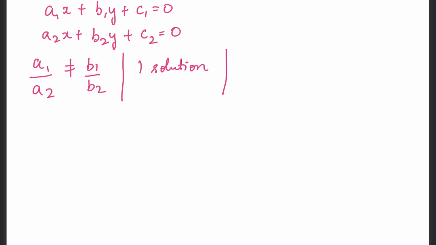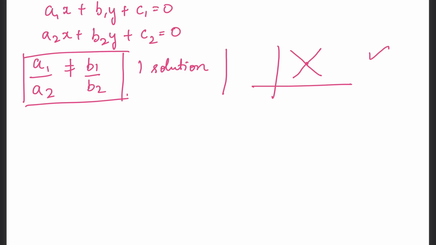But how will you know that? Graphically, when we plot these equations, we get the solution where they intersect at a point. So this is the nature of the graph for the linear equations where a1 by a2 is not equal to b1 by b2.